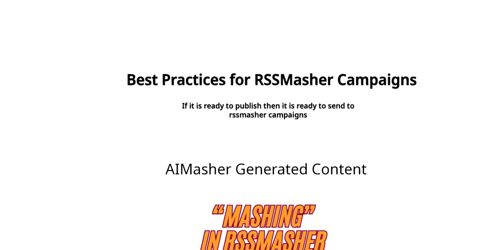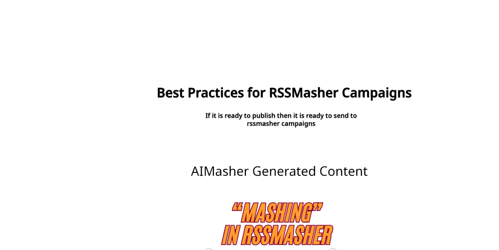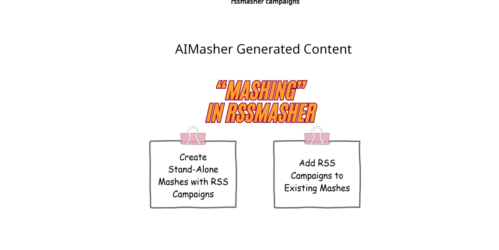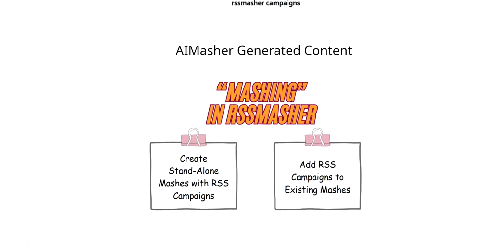Okay, so the AIMasher generated content goes in. So how do you set it up? I'm going to show you. We're going to create a standalone mash with an RSS campaign, or you can add RSS campaigns to existing mashes.